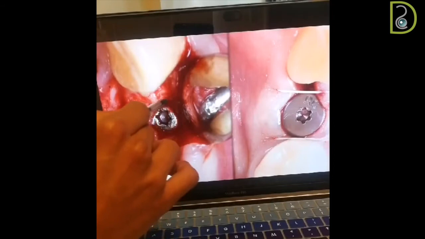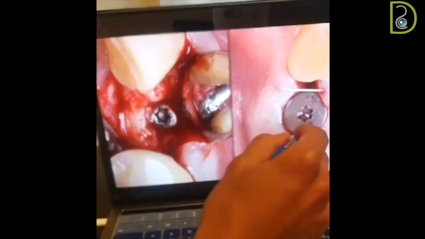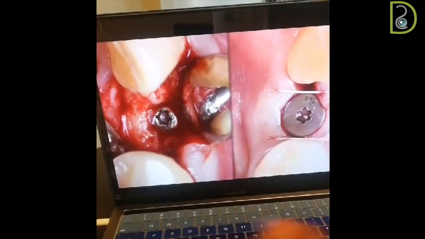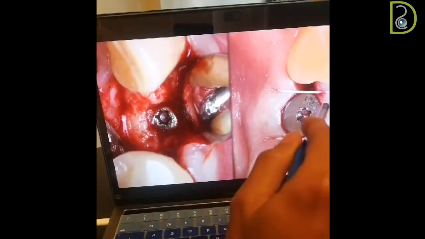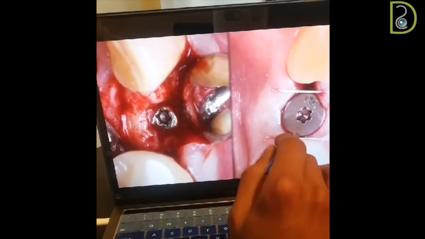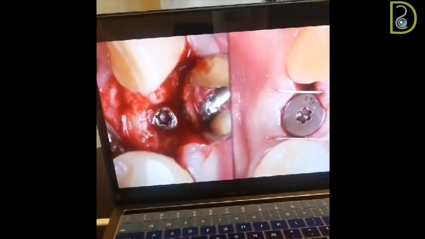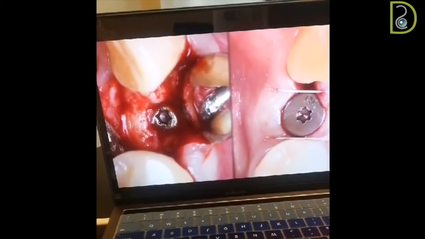So I just remove the bone gently with the back action chisel and replace the cover screw with a healing abutment. And now the patient can be sent later to the restorative dentist to start the prosthetic process. However, usually if it's not in the aesthetic area, I don't do the provisional restoration. I just place the healing abutment for them, then I send them back.